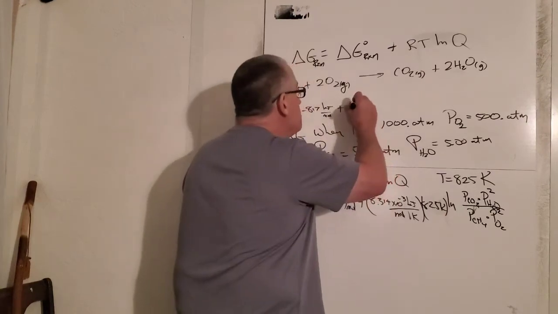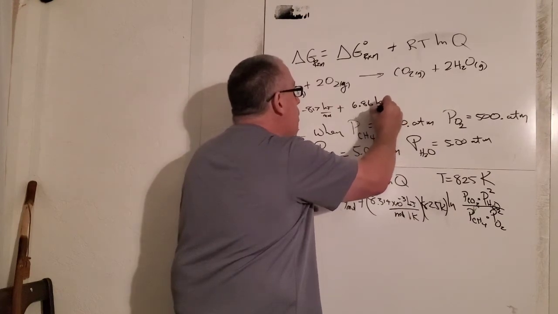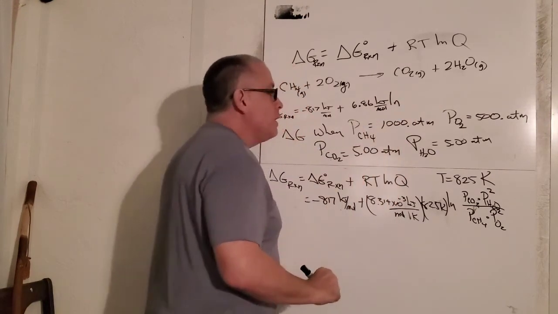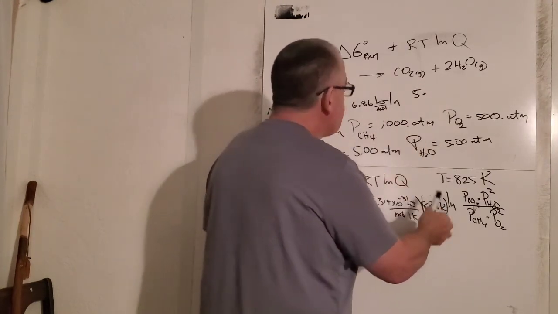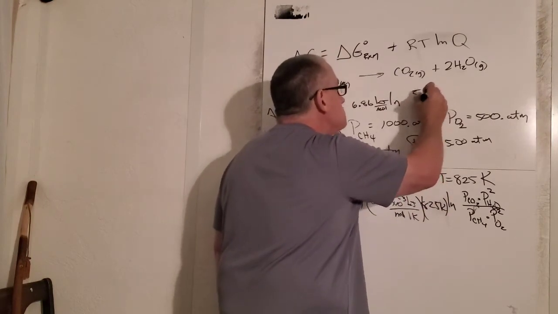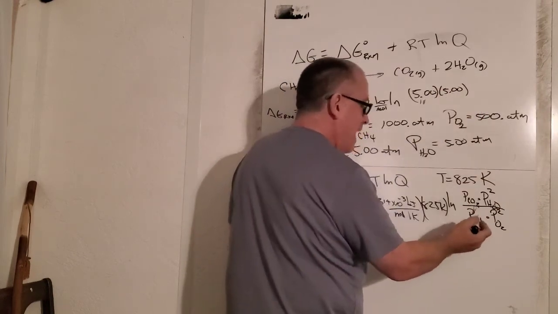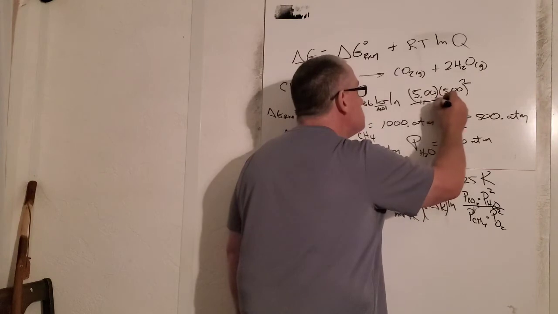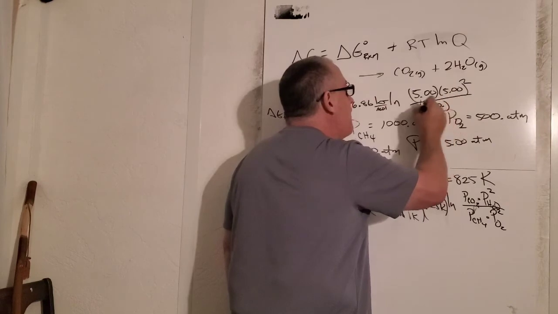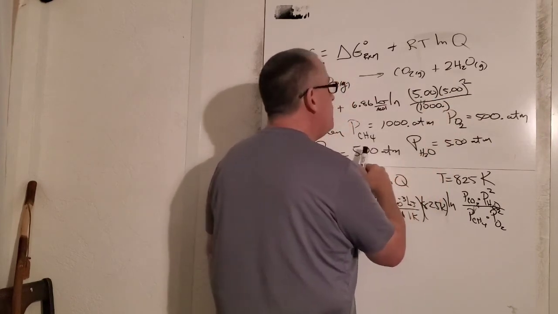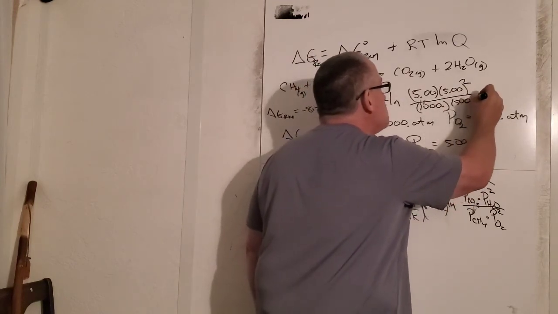It's going to be plus 6.86 kilojoules per mole, natural log. What's the CO2 concentration? 5 atmospheres. 5.00, excuse me. Times 5.00. And that's water, that's squared. Divided by the methane, 1,000 atmospheres. And the O2, which was 500 atmospheres squared.